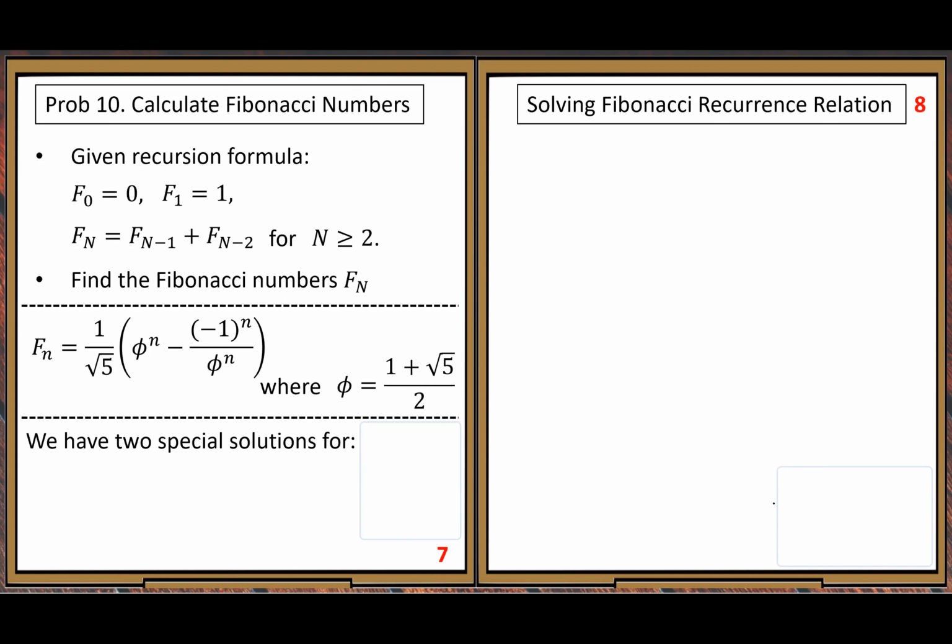That cannot be our Fibonacci numbers. So our next task is to find a solution that satisfies the given initial condition, because only then can you get Fibonacci numbers. There is still a gap there, and we need to do some work to bridge it. So let's see how we complete that last mile.